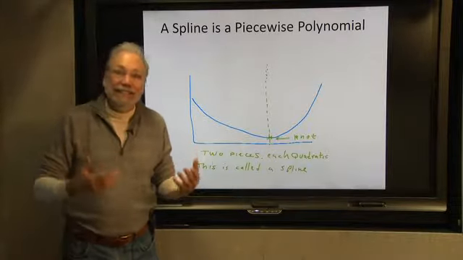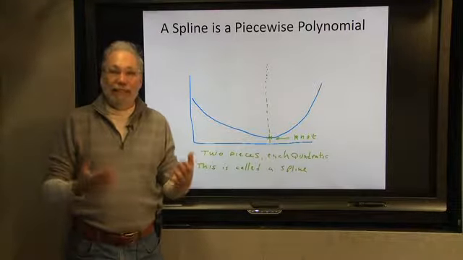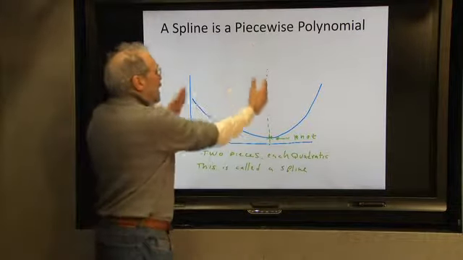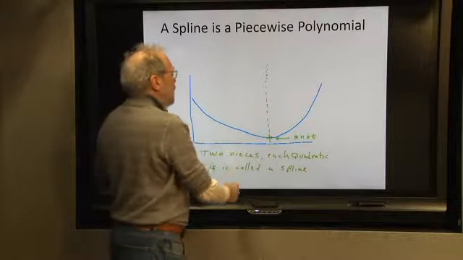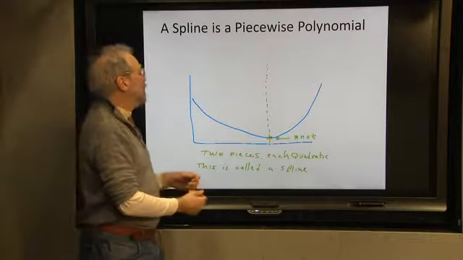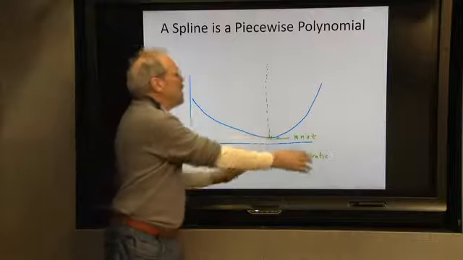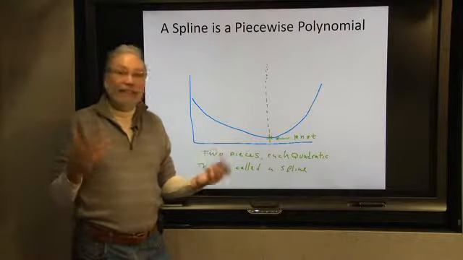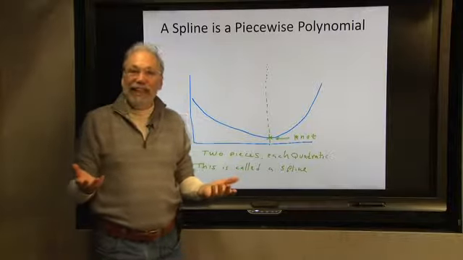And that is exactly what a spline is. A spline is when you divide the range of exposure into two or sometimes more pieces, and you fit a separate polynomial in each piece. And it's nothing more complicated than that.